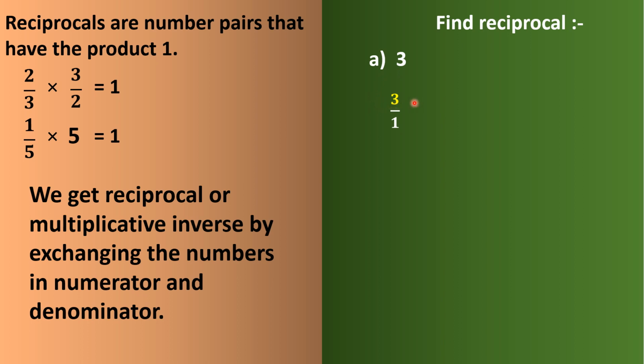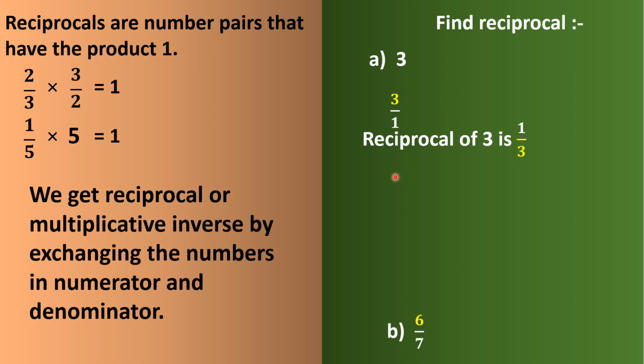We will just exchange the numerator and denominator to each other. It means 3 will be denominator and 1 will be numerator. So the reciprocal of 3 is 1 by 3.